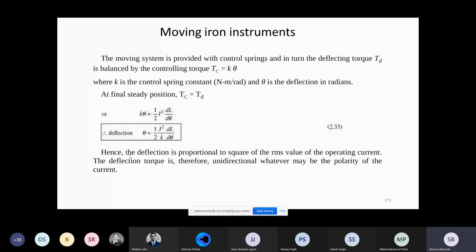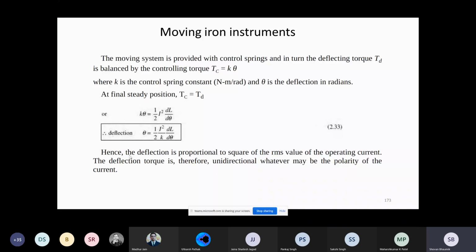We are not considering the transient, we are considering the steady state equilibrium. At the equilibrium position, the controlling torque equals the deflecting torque. Tc is k theta and the deflecting torque is half i squared dL/d theta.